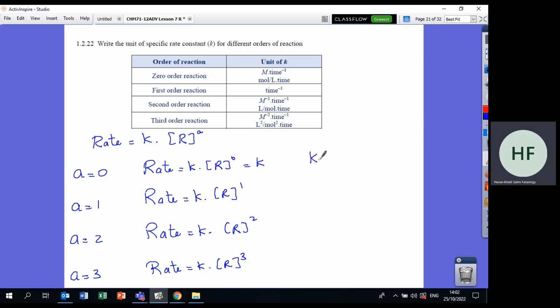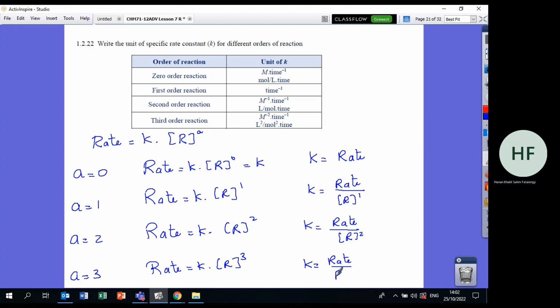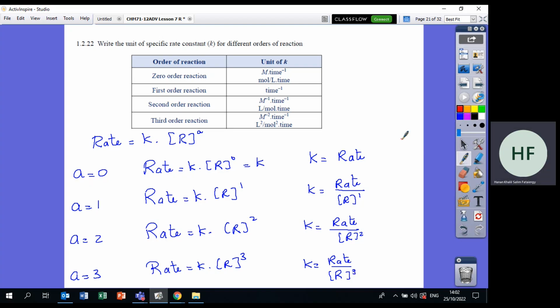Now I want you to find K in each case. Here K equal rate. Here K equal rate over reactant power 1. Here K equal rate over reactant power 2. Here K equal rate over reactant power 3. Okay, now in each case I will write the unit.